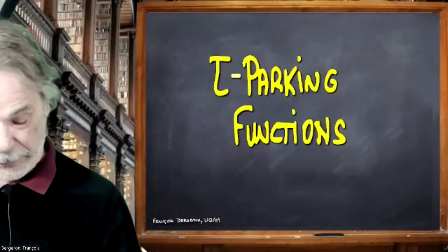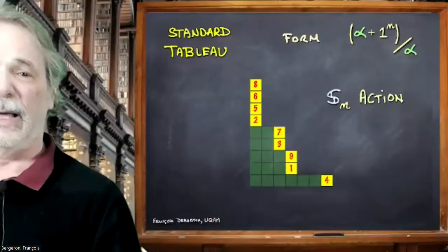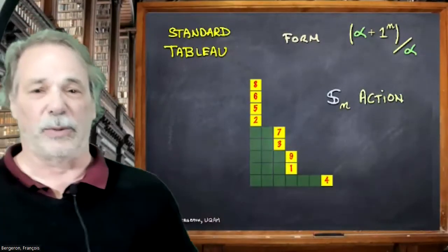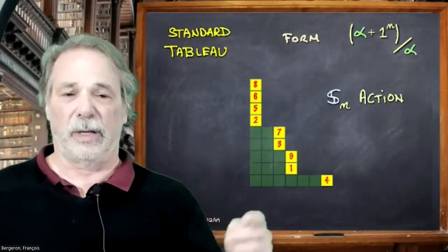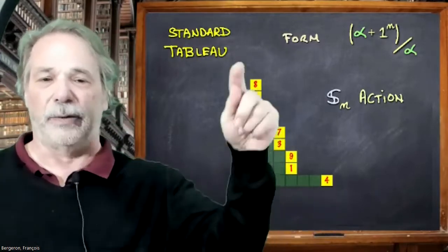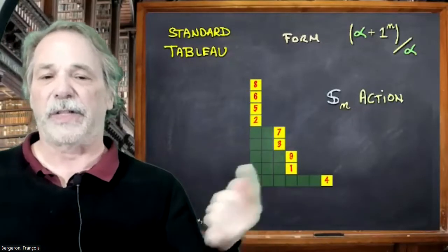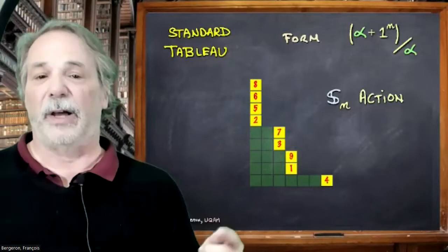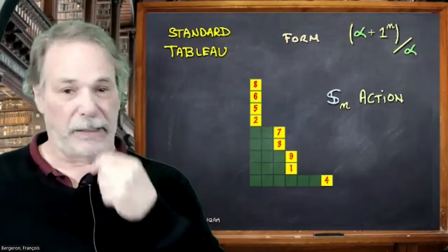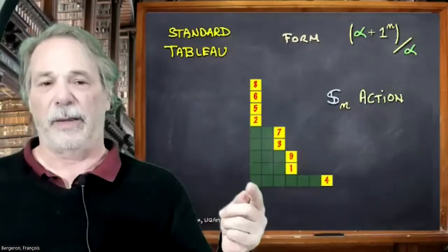Okay, I'm going to rapidly finish with even more. Once you've dealt with paths, then you go to parking functions along this path. I mentioned that you have tau, the yellow shape, and you look at alpha as a subshape, and for each subshape of the yellow shape, you're considering parking functions of that shape.